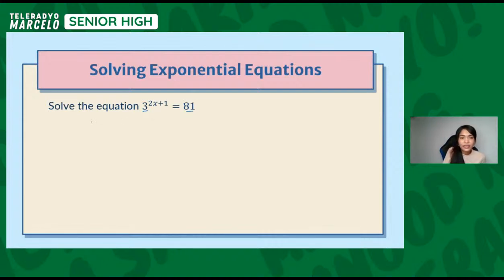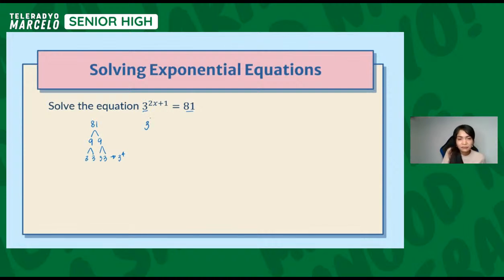And we all know that 81 has factors as 9 times 9 and also 9 has its factors as 3 times 3. So meaning to say we can write 81 as 3 raised to ilang beses nating minultiply yung 3 with itself, we have 4. Yan. Meaning to say 81 can also be written as 3 raised to 4.